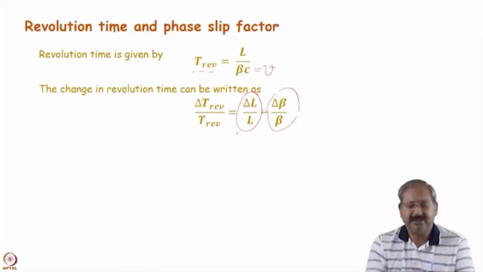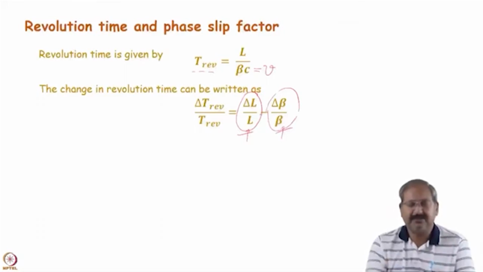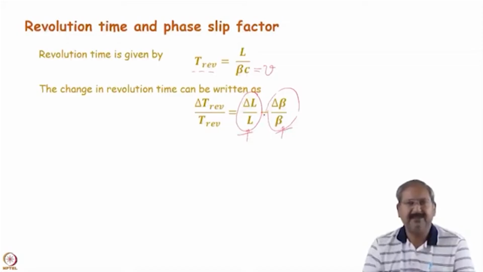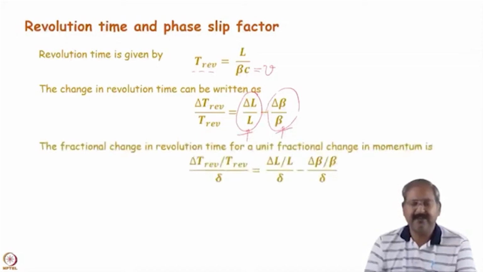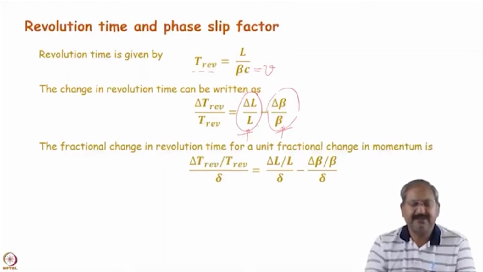So these are two counter phenomena which counter each other. One factor increases the revolution time, the other decreases it. So combining these two with opposite sign will give you the revolution time. Because we are interested in calculating the revolution time for the fractional momentum offset, we divide this complete equation by the fractional momentum offset.